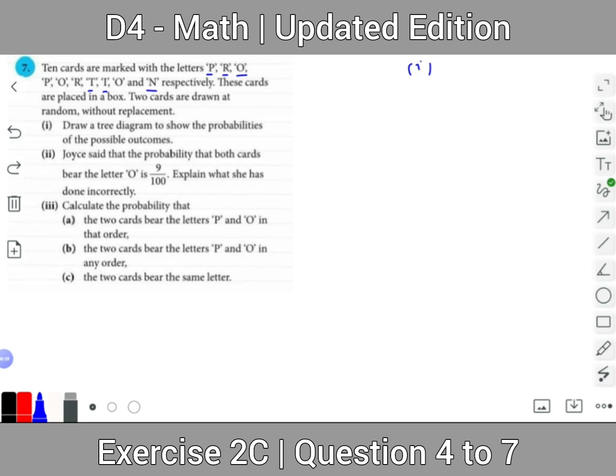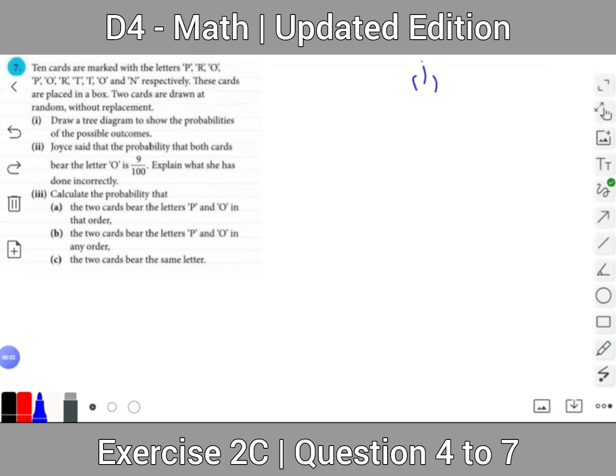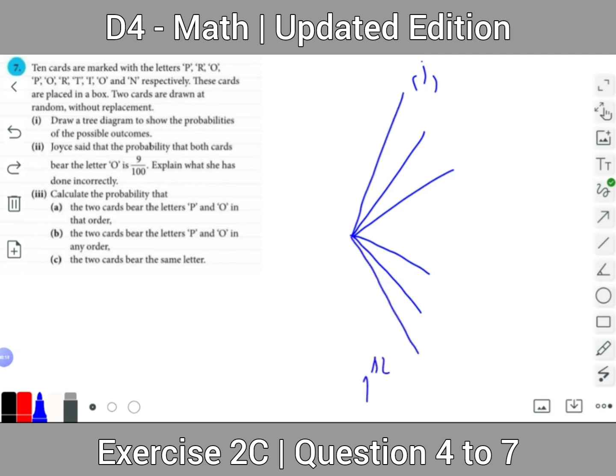So we will take one letter once only. For part 1 we will draw the tree diagram in different parts. For the first letter we have P, R, O, T, I, N.